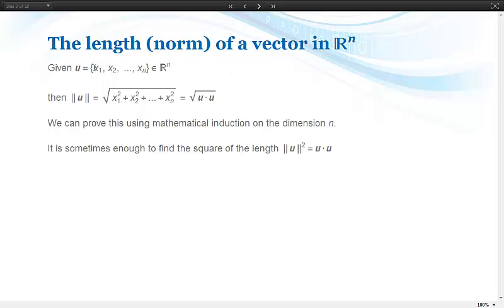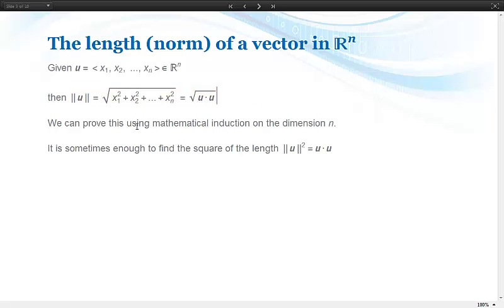Given a vector u with coordinates x1 through xn, an element of n-dimensional space, the length of this vector is defined to be the square root of the sum of the squares of the coordinates. And that again is just the square root of u dot u.